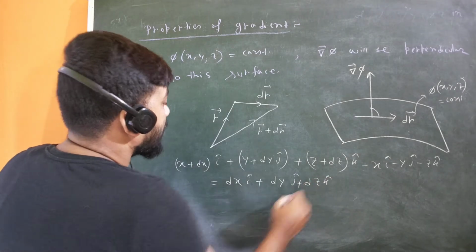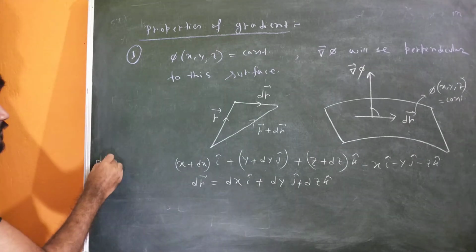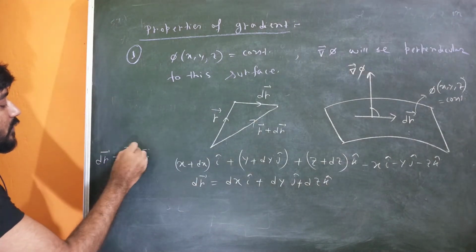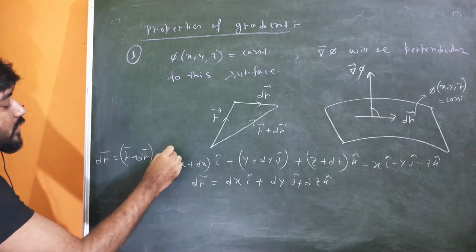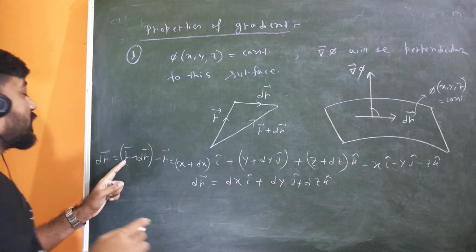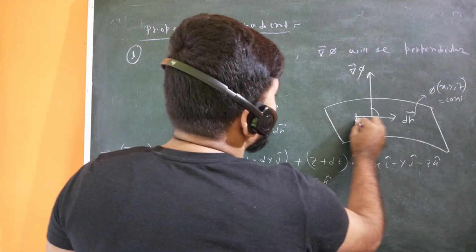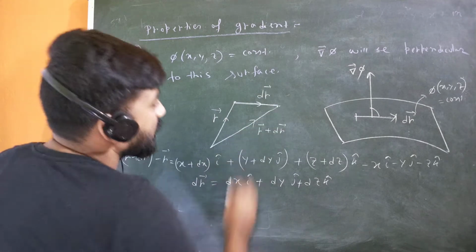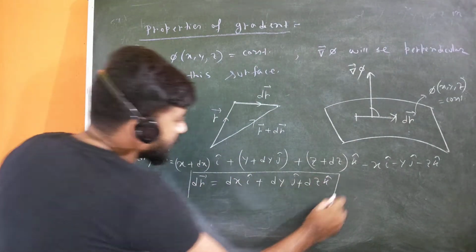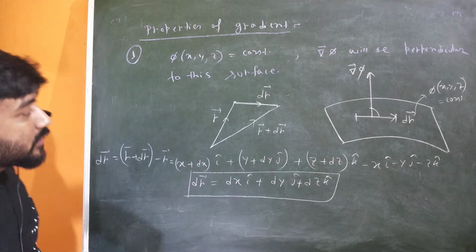This is actually dr, because r is nothing but x i plus y j plus z k. So the dr that I have shown here can be defined using unit vectors and the small elements along the x, y and z axes like this.